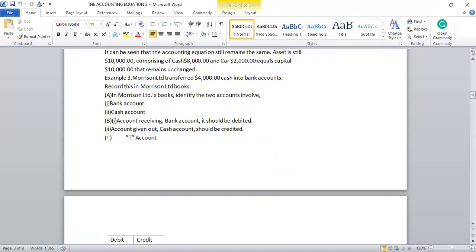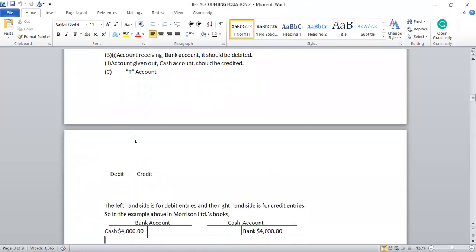Then you go on to your C, your T account. And as I've said, the left-hand side is for debit entries and the right-hand side is for credit entries. So in the example above, in Morrison Limited books, the bank account, we have to debit it with cash, $4,000. Cash means that the corresponding entry can be found in the cash account. Bank credited with $4,000.